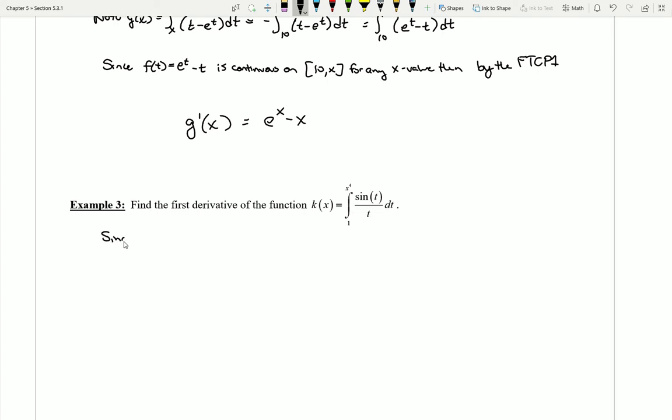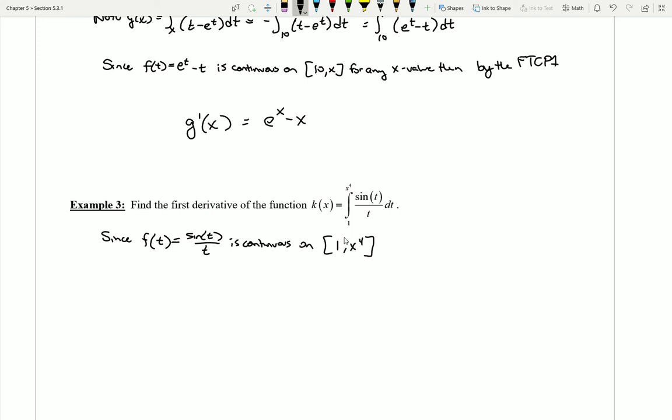Okay, so I'll start here and say, since f of t is equal to the sine of t over t, and this function here is definitely going to be continuous on the interval from 1 to x to the 4th. I probably just have to be a little careful here.